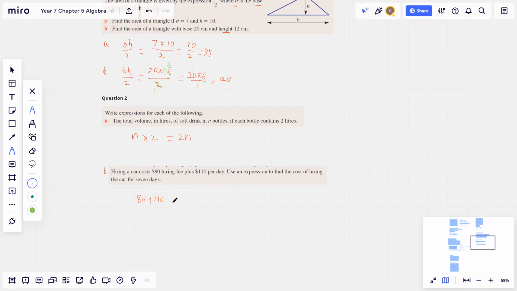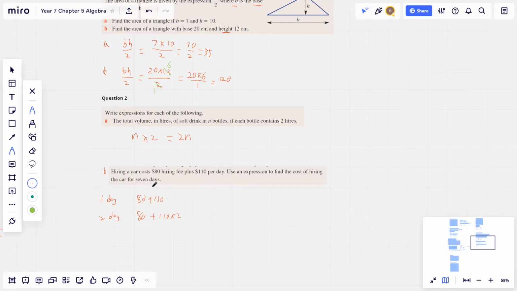If it's 2 days, you pay $80, the hiring fee, plus $110 for 2 days, so 110 times 2. That's how much we need to pay to hire for 2 days.